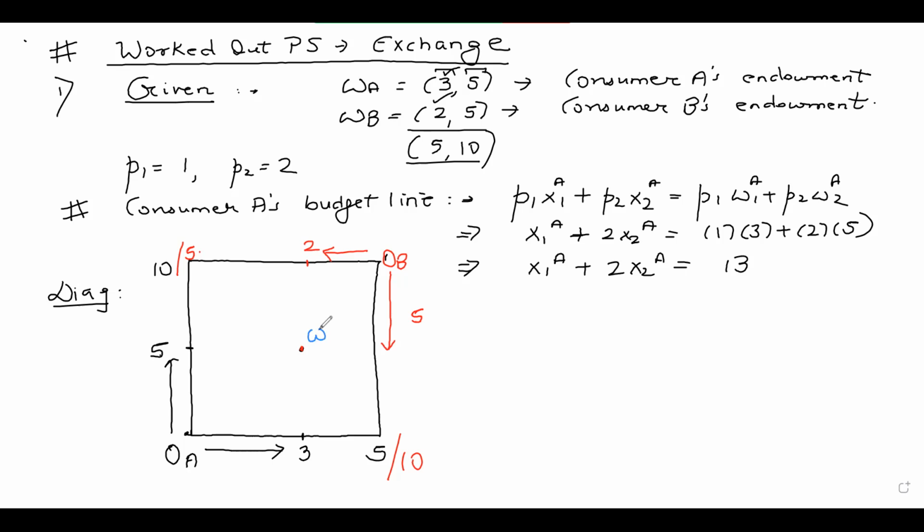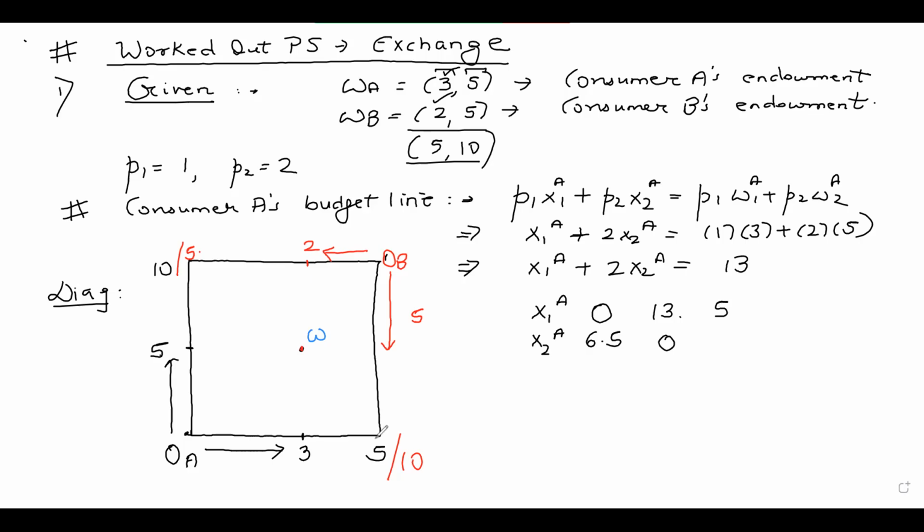Then the budget line. This is A's budget line. If I take values and plot it: if x1A is 0, x2A will be 13 by 2, which is 6.5. If x2A is 0, x1A is 13. But the maximum x1A can be is 5.